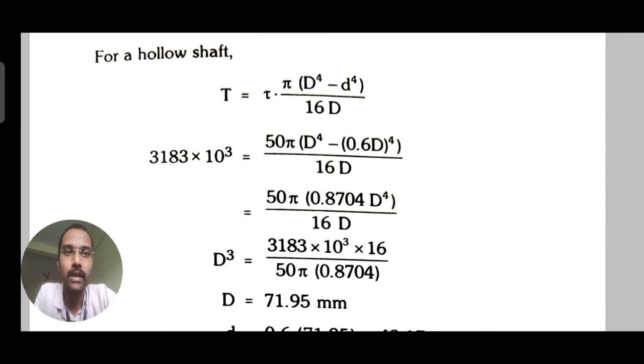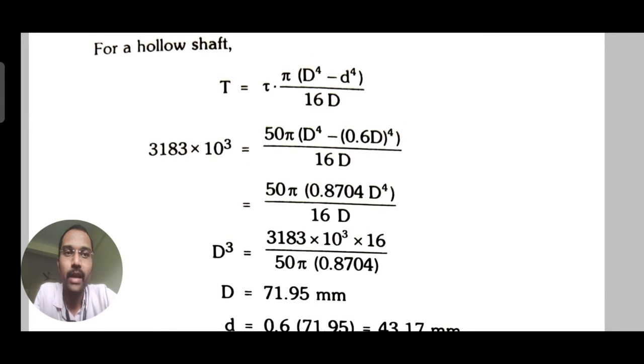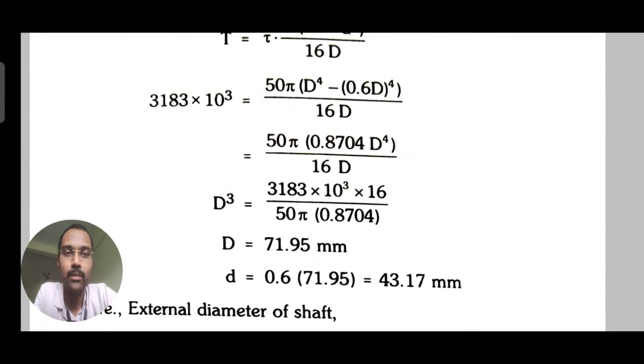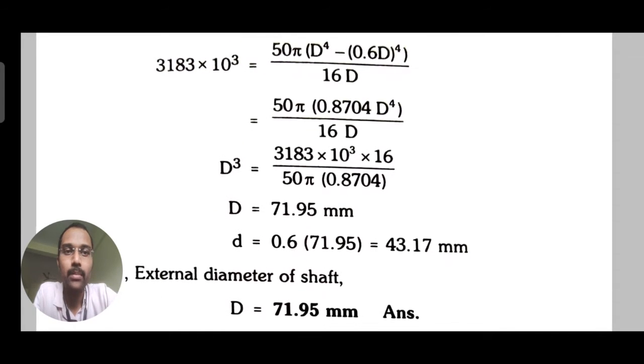So in place of d, you can write 0.6 capital D whole to the power of 4 by 16 into D. So finally we write all the terms in terms of capital D, that is the external diameter. Do the simplification process, get the external diameter, and you get the value capital D equal to 71.95 mm.